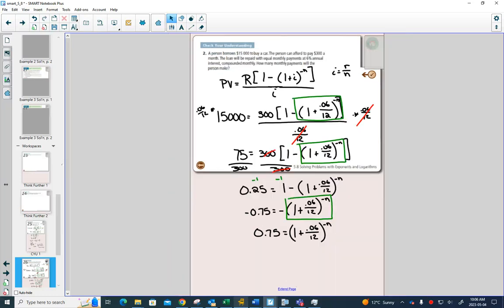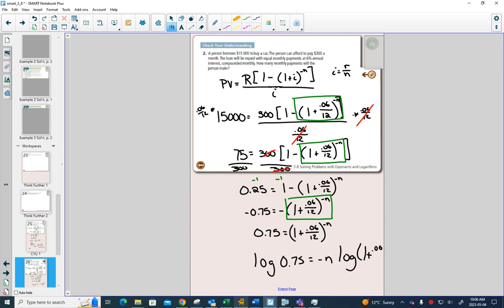Then, once you've got it by itself, putting the word log in front of both of these, and even, okay, watch this. This step right here, can you see that I took the log of both sides, and I also moved the negative 1 out in front? That's worth 2 marks.